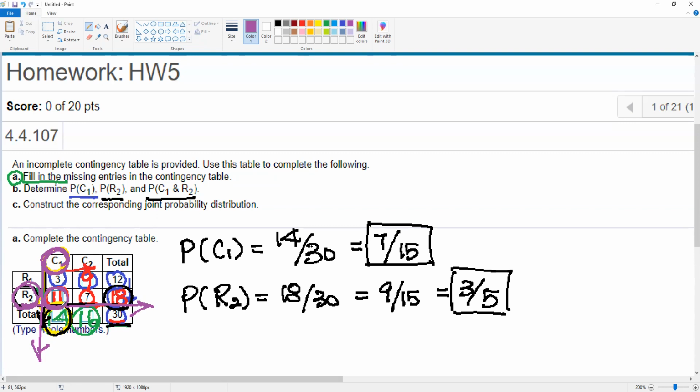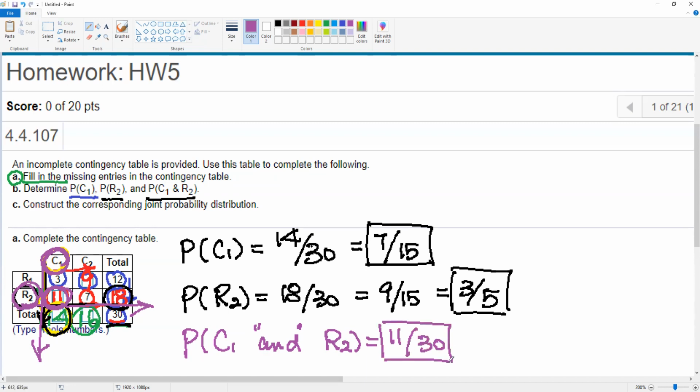It's a crossover. Then we take the 11. So the probability of C1 and R2, we take the count in the middle, because the intersection is the common area in the Venn diagram. So take the 11 out of 30 again, and we cannot simplify.